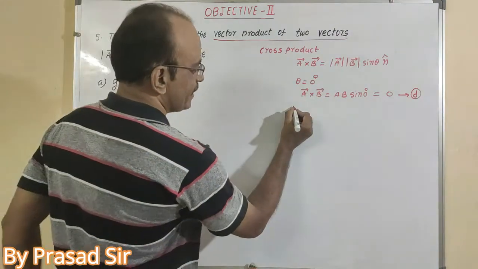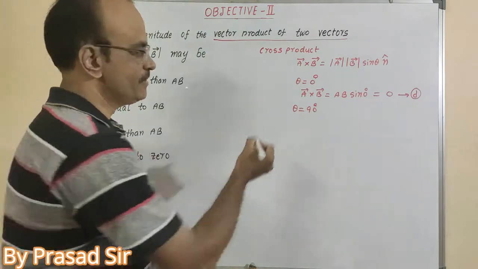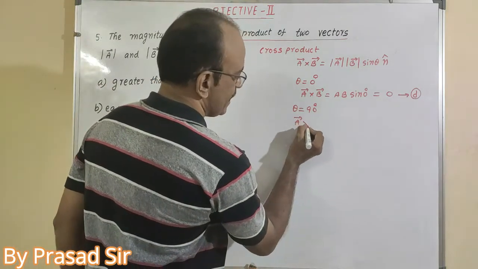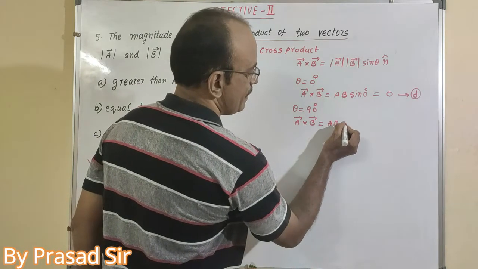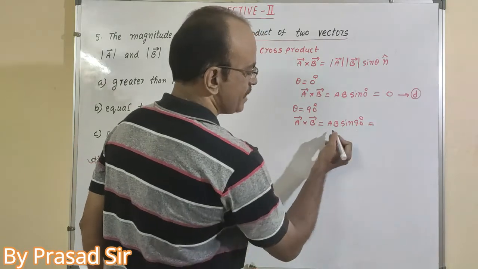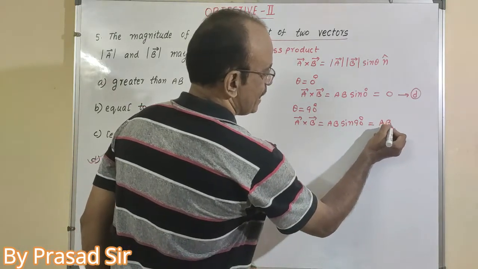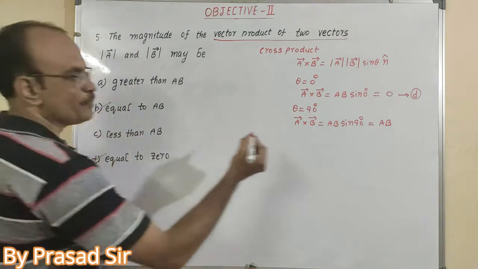Now I will take theta is equal to 90 degrees. That is, A vector cross B vector is equal to AB sine 90 degrees, sine 90 is 1, no? So equal to AB. B option is correct.